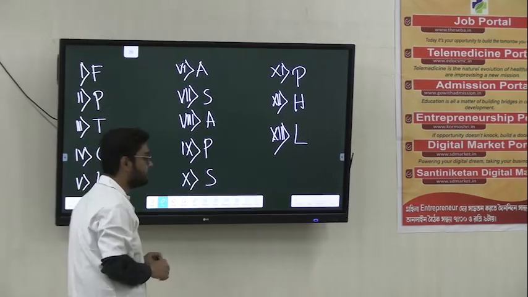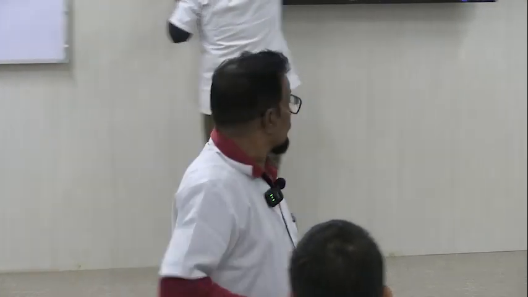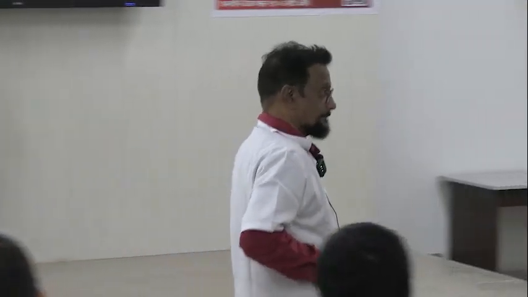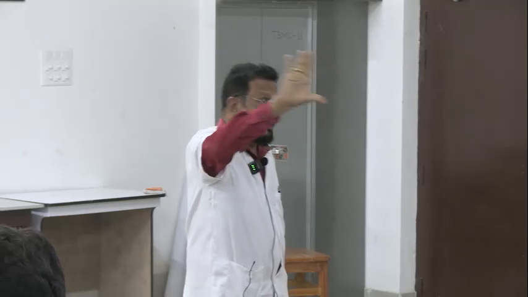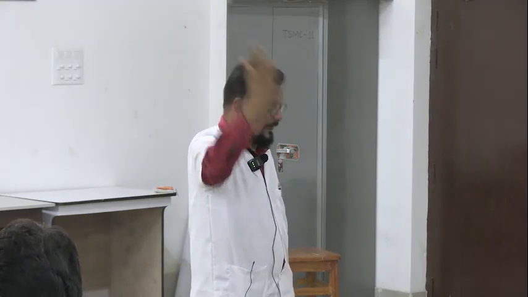Okay. Now write F for fibrinogen. F means fibrinogen. Now you got the sequence. Then prothrombin. And T for tissue thromboplastin, required for the extrinsic path.